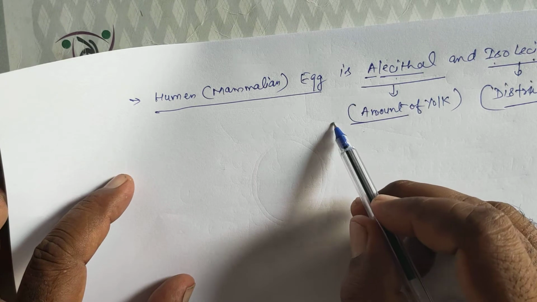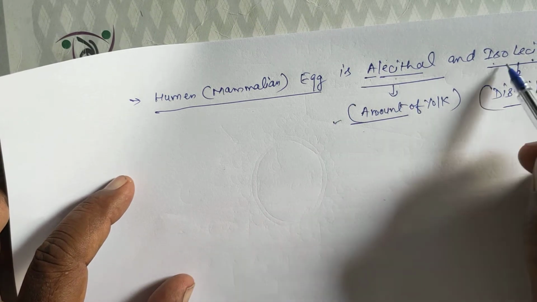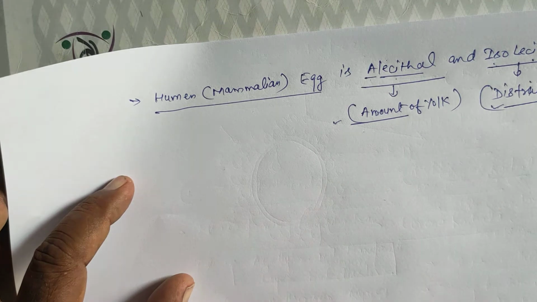This type is on the basis of amount of yolk, this type is on the basis of distribution of yolk.